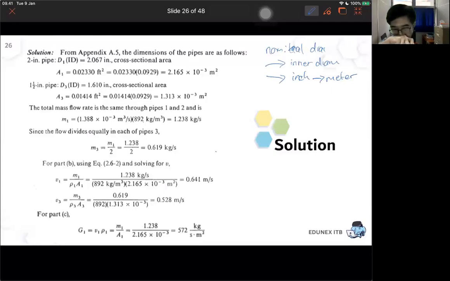Usually in the first modular exam, it's totally closed book. So for simple conversions, like feet to meters or inch to meters, you need to remember. If you want to convert inch to feet, just do the step-by-step calculation. For length and temperature, it should be easy to remember, right?